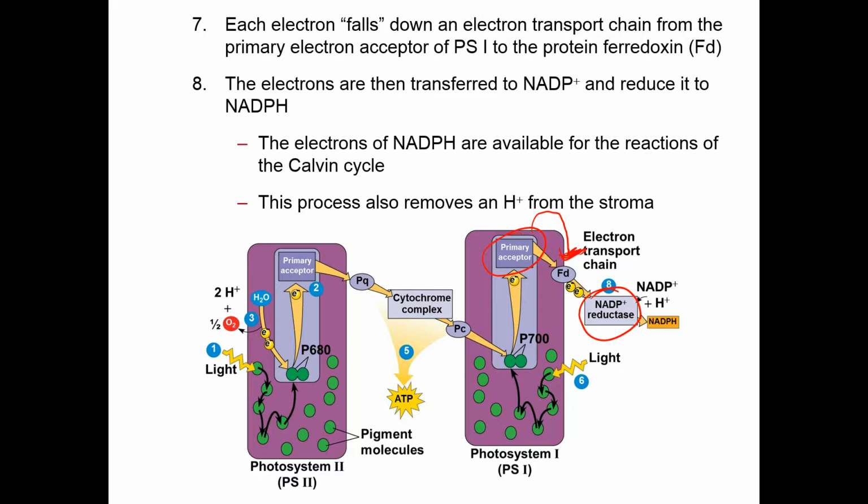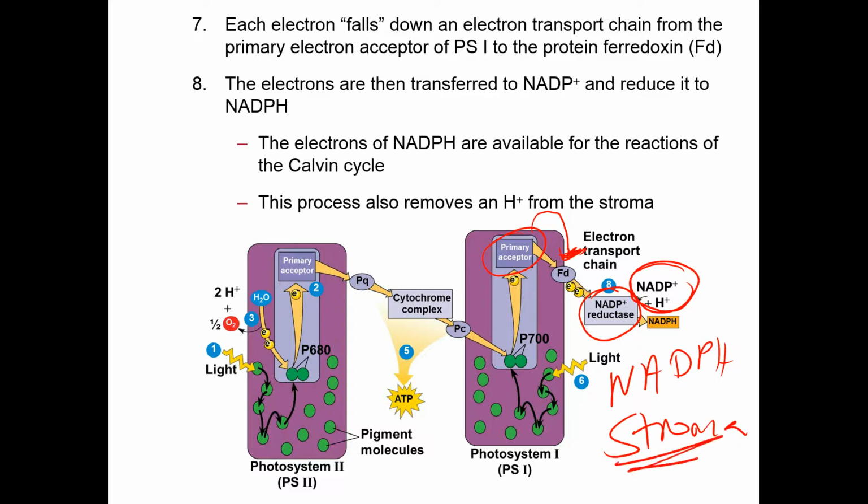This enzyme transfers these electrons and hydrogen atoms to NADP plus, forming NADPH out in the stroma.